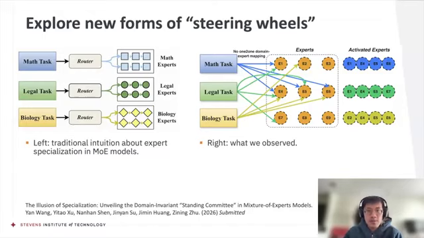So this leads to some potential new opportunities for steering wheels. Perhaps we could steer on the expert level as well, or during the training procedure encourage some experts to specialize and encourage some other experts to continue with their role of the standing committee.